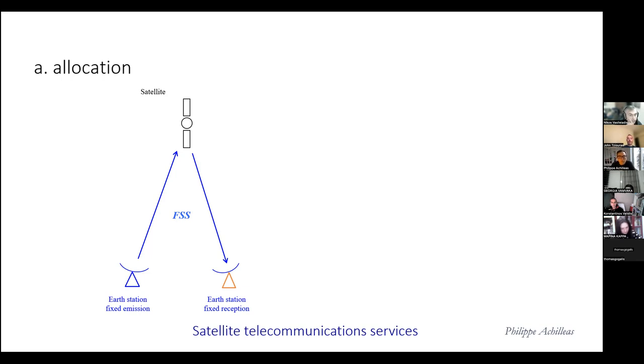We have also another category of service, which is mobile services by satellite. So all the mobile communications that are provided directly from satellites. And you see that these communications are not using the same frequencies as the fixed service.